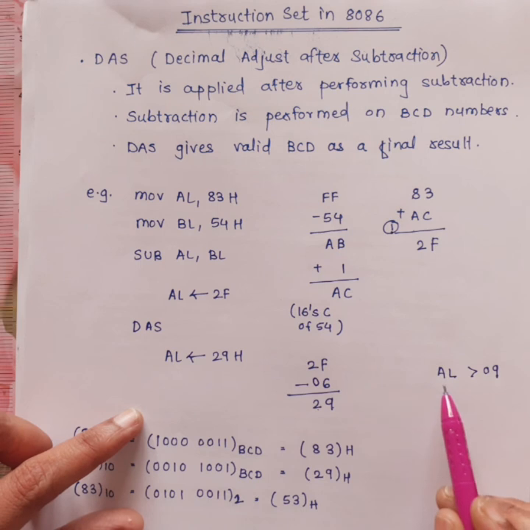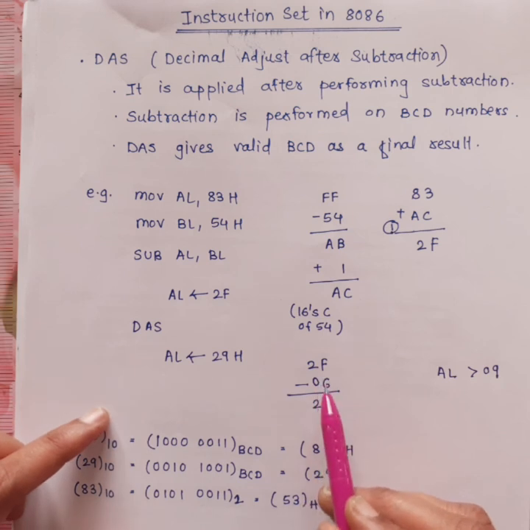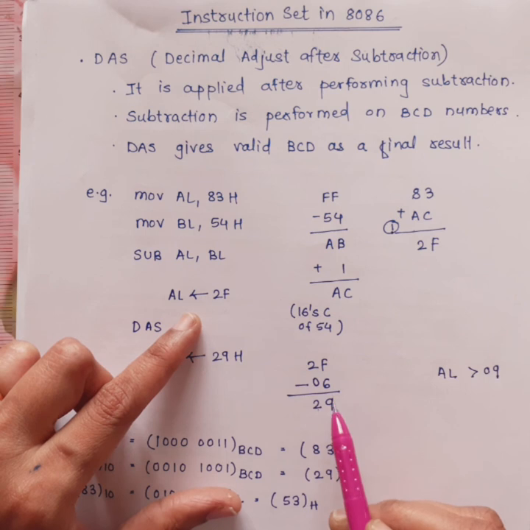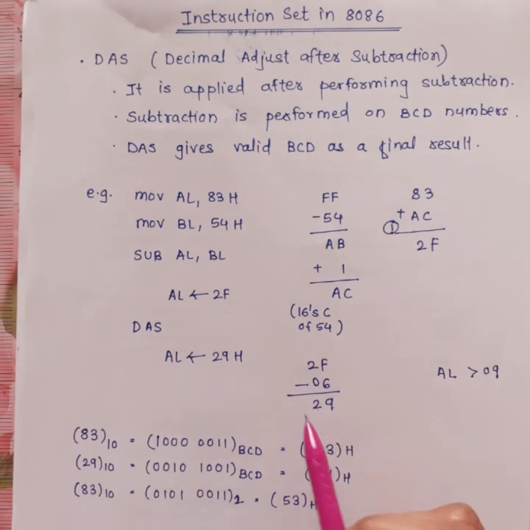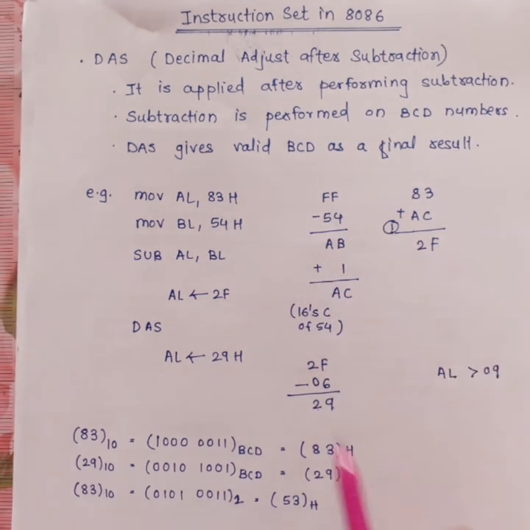If the upper nibble of the AL register is greater than 9, then 60 gets subtracted from the contents of the AL register and the carry flag gets set to 1. If we perform 83 minus 54 in decimal, we come across the result 29 only, which is obtained on application of this DAS command.